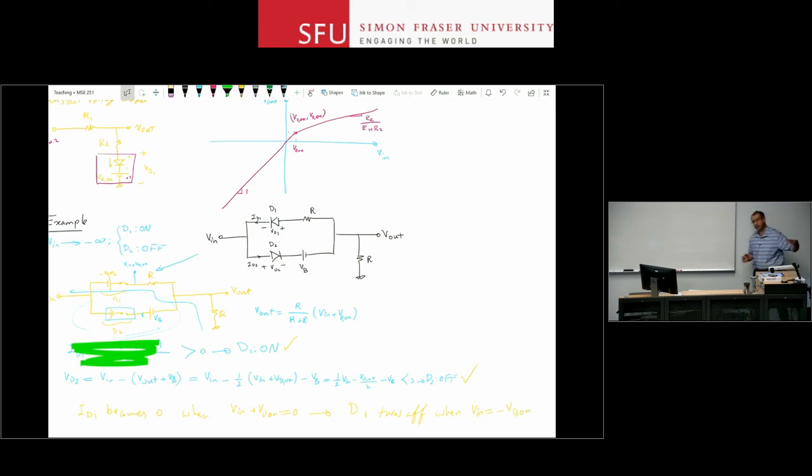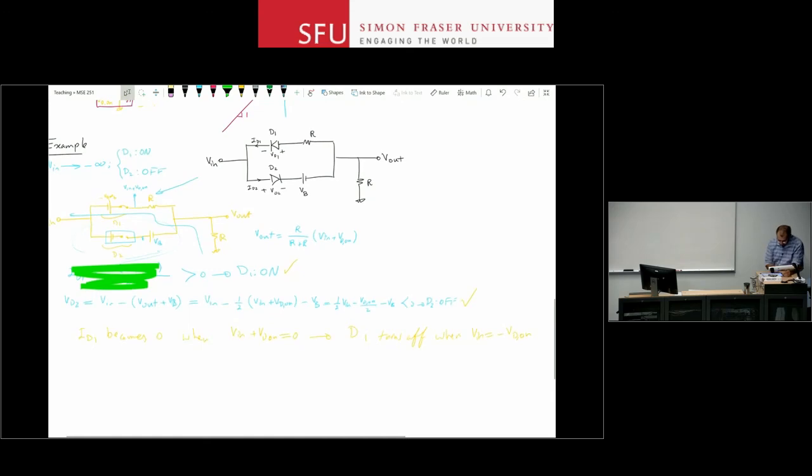Okay, so as I increase V in, if I hit minus VD on, D1 will turn off. But actually D2 can turn on before that. So let me check VD2. When does VD2 become larger than VD on? Because I need at least VD on to turn on that diode.